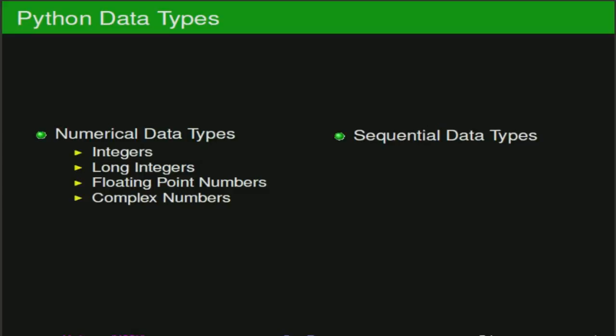Under the sequential data types, we have strings, lists, tuples, and dictionaries. And so now let's go over to IDLE and take a look at how those things are used and how we determine the type of object at which we are looking.